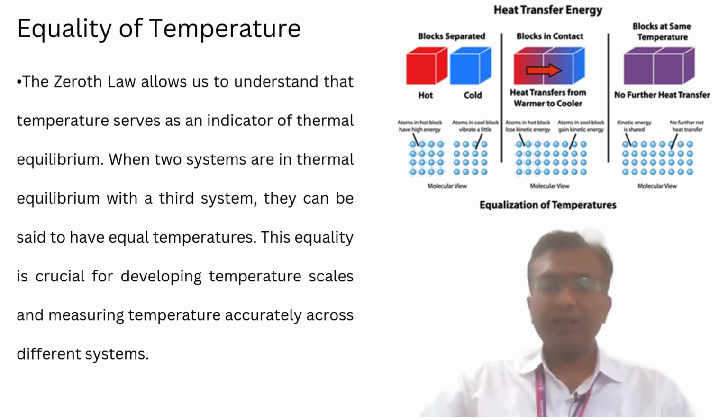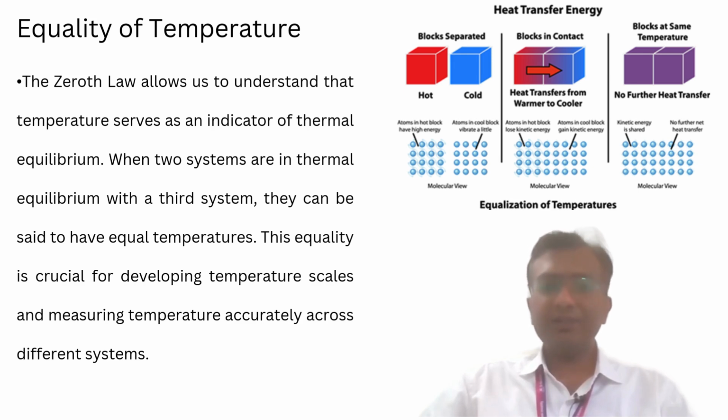Defining the boiling point of water. If we place a thermometer in thermal equilibrium with boiling water under standard atmospheric pressure, we can reliably define the temperature as 100 degrees centigrade, or 212 degrees Fahrenheit, or 373.15 Kelvin.